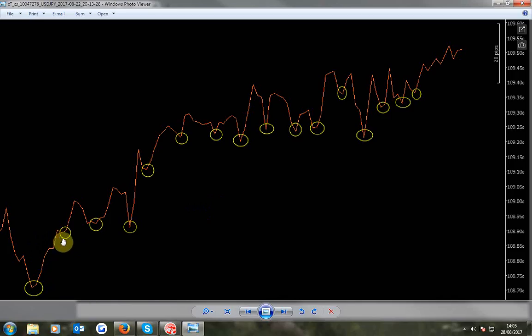This one here, you've had a move up and then it pulls back a bit. That has probably bounced off the orange line on the blue chart, and then you got flashing green momentum and up she goes. This one, because you've had a pullback here, has possibly bounced off the orange line on the 5-minute chart, which by association has also bounced off the purple line on the blue chart.